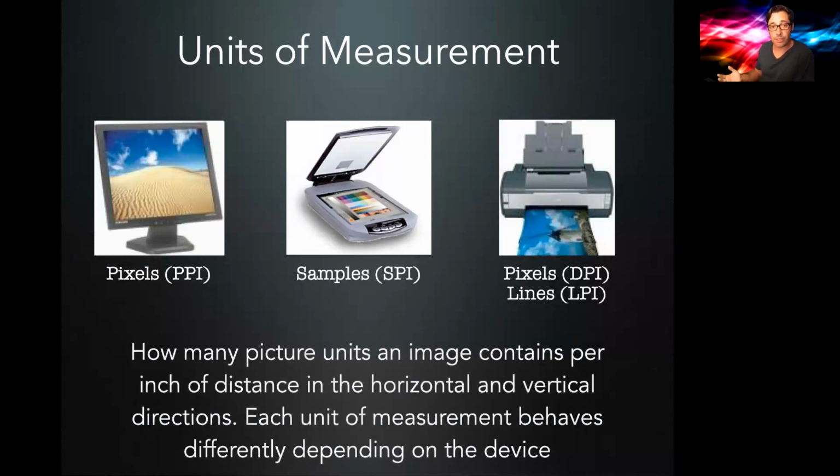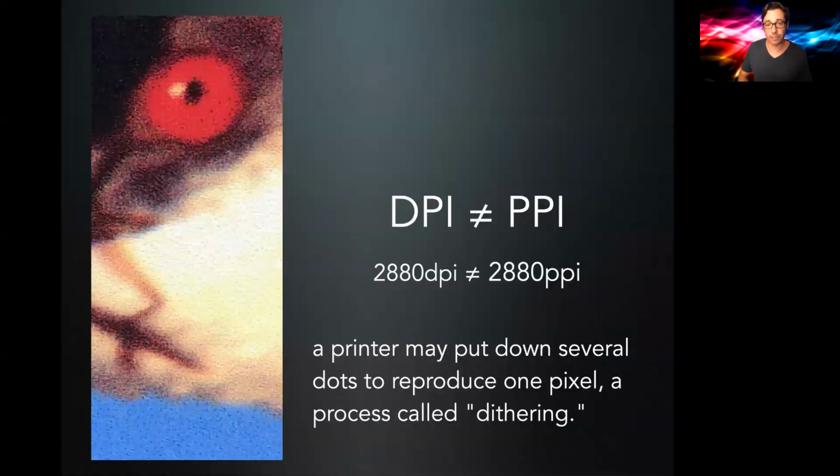Basically a unit of measure is how many picture units an image contains per inch of distance in the horizontal and vertical directions. And it's all dependent on the device. They're not interchangeable. Each unit handles picture elements differently.